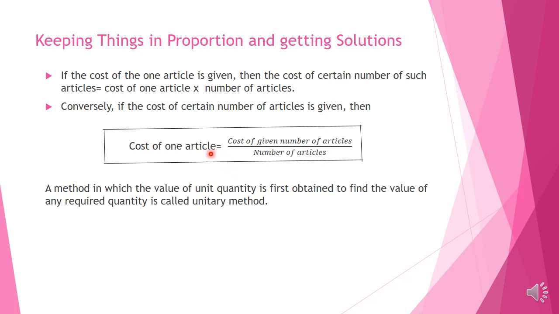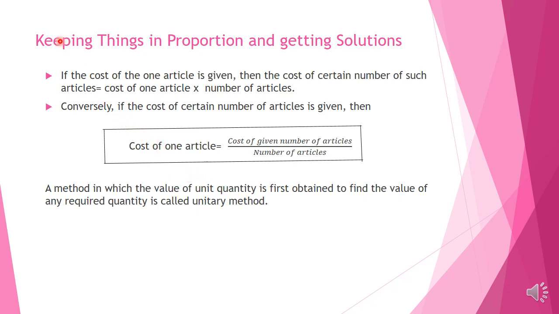So first we are given a certain quantity, that is the cost of 5 pens equal to 50 rupees. And we are finding the cost of 1 pen, that is 10 rupees. From that we are finding the cost of another quantity, that is 10 pens equal to 10 tens are 100. This method is said to be the unitary method.